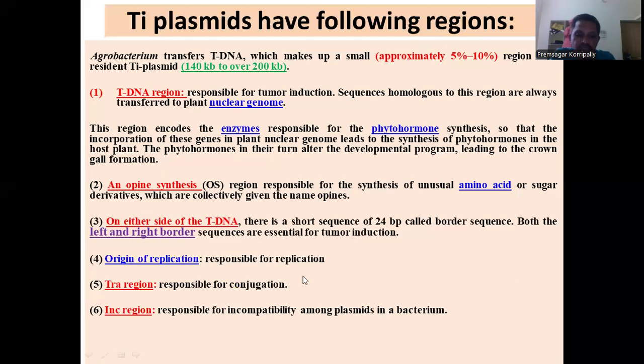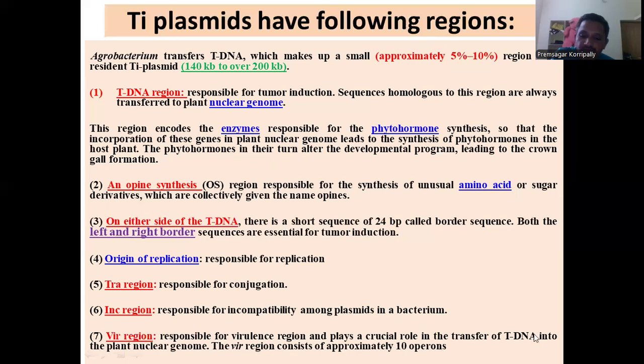And the last one is the vir genes, whose function is very essential in the development of pathogenicity and transfer of the single strand DNA from bacteria to the plant cell.